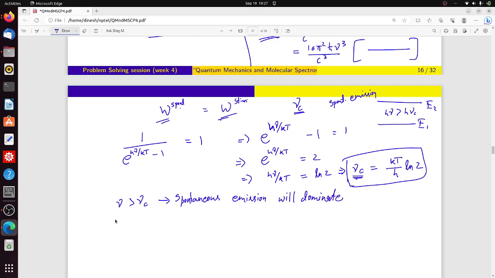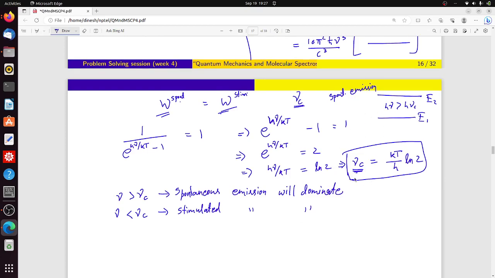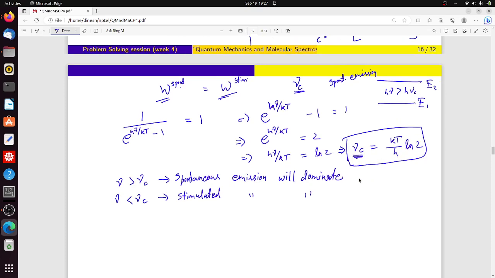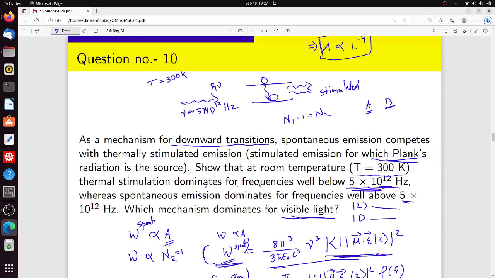Right, and if we have nu less than nu c, then stimulated emission will dominate, right? So I have already explained why this is so. So we got this nu c to be kt over h times ln 2.